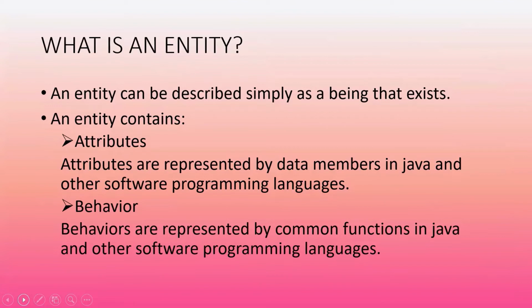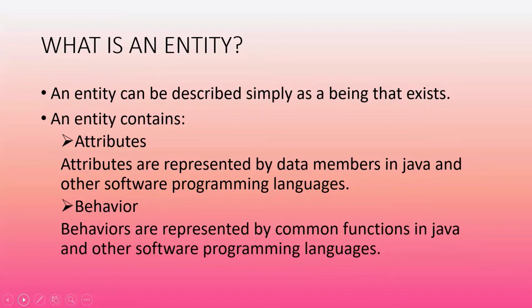Now, attributes in the real world are represented by data members in Java. What exactly is a data member? A data member is also known as an instance variable. This instance variable is represented as class variables in Java. They are not contained within a function; they are declared outside all functions but within a certain class.